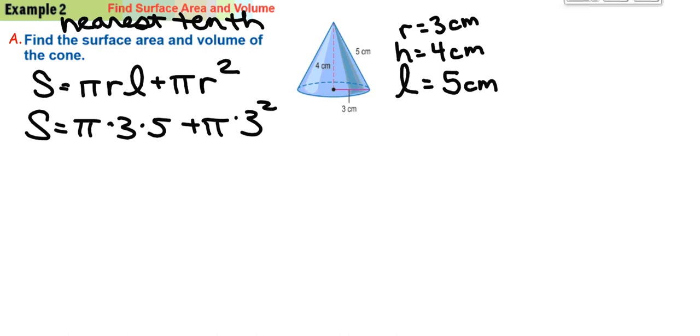And did you get an answer yet? 75, S is approximately 75.4 square centimeters. Did you use the pi key or 3.14? The pi key. With the pi key, you get this. Guess what? With 3.14, you get this exact same answer because these are small numbers as we go through this.